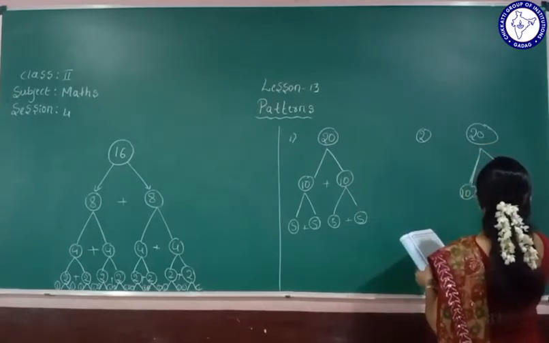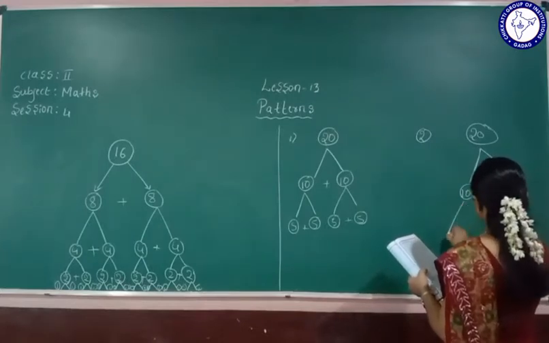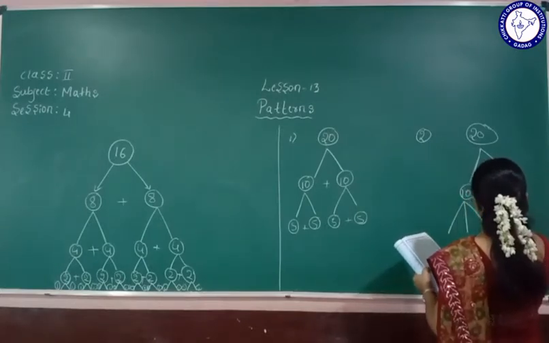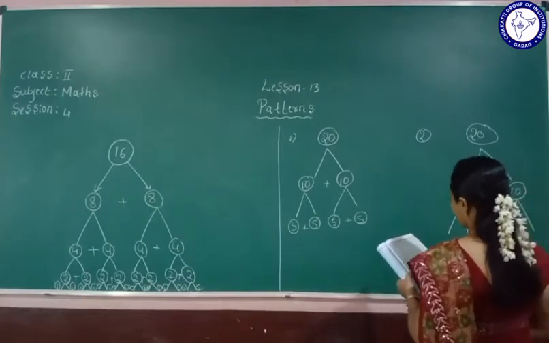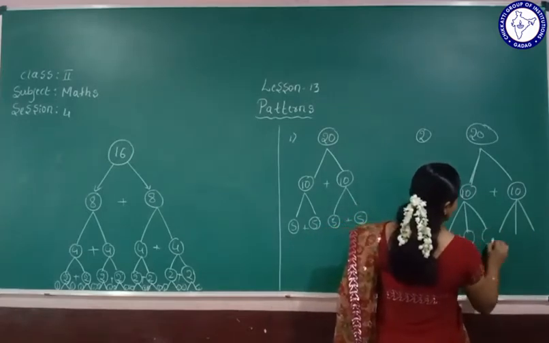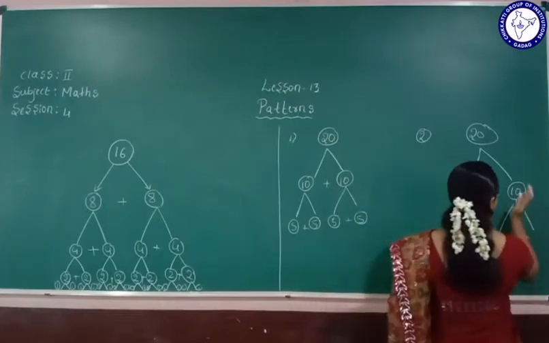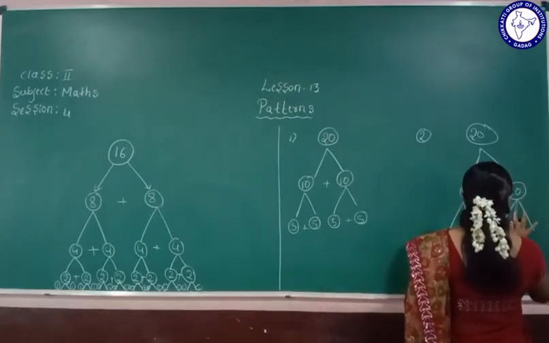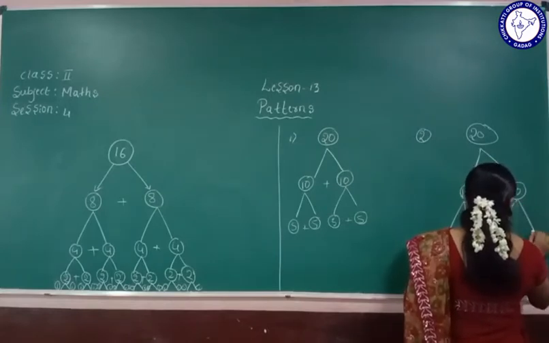10 plus 10. Okay, so this 10 we will split in 3 ways. Yes, so how many ways will we split it here? 3 ways. This is only 2 ways. 1, this is 2.